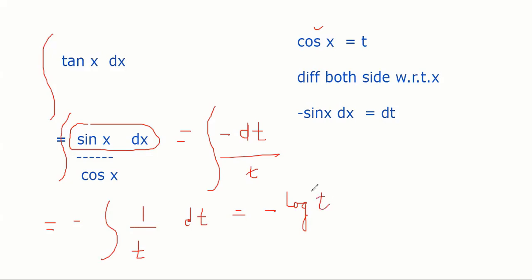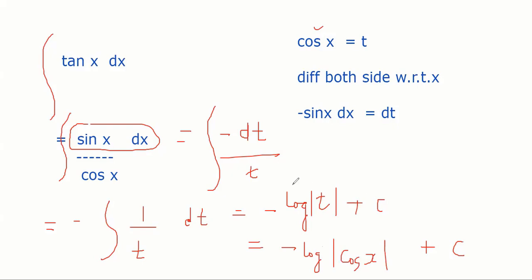Agree, everybody? Plus c. And in the last, substitute t again with cos x, and you get finally minus log of cos x plus c. So the integration of tan x is nothing but minus log cos x plus c.